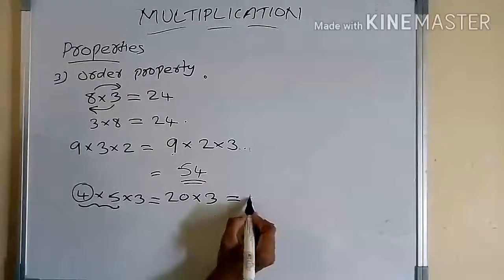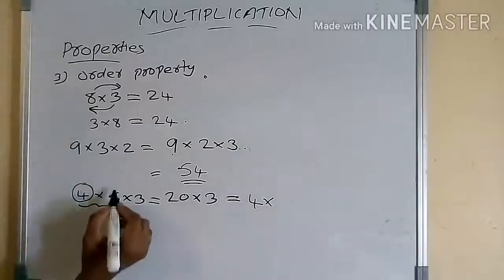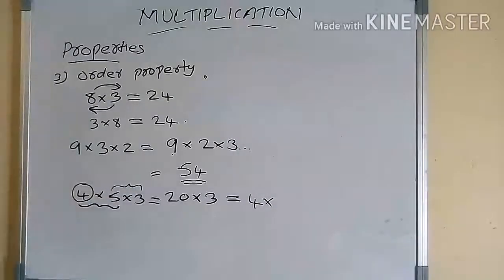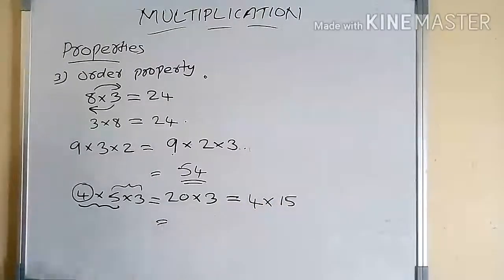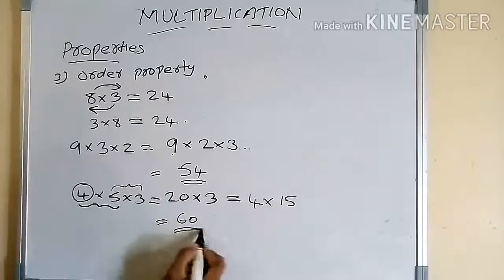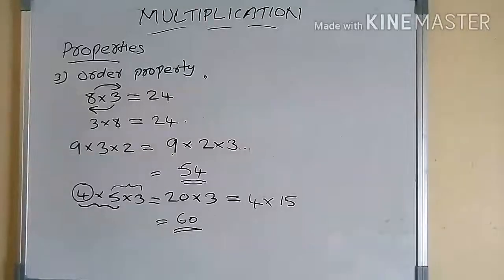Okay. 4 into, and multiply these two numbers. 5 into 3. What is the answer? 15. So what is the total answer? 60. That is, this property says that when you multiply any 2 or 3 numbers with any order, the result is same. Okay.